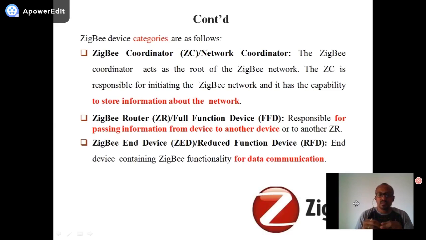The ZigBee router is responsible for passing information from one ZigBee device to another, and the ZigBee end device, called a ZED, is an end device connecting to ZigBee for data communication. One ZED will communicate with another ZED through the ZR and ZC, as you can see on the screen.